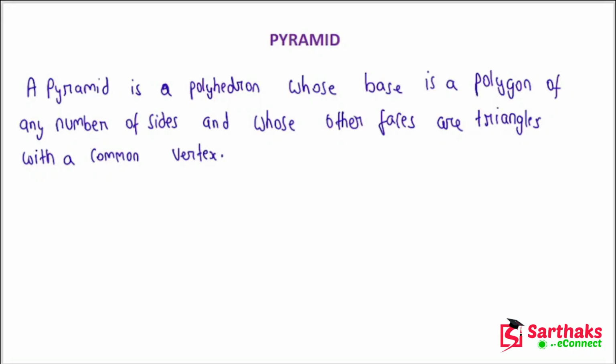So a pyramid is a polyhedron whose base is a polygon of any number of sides and whose other faces are triangles with a common vertex.